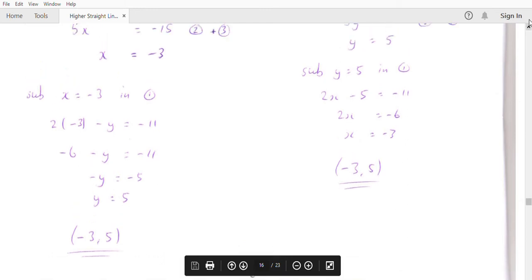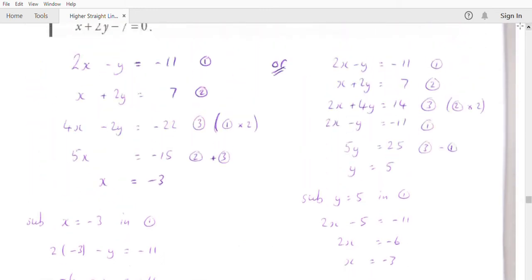Now if we chose to double equation 2 instead, which we could do here, so x plus 2y equals 7 becomes 2x plus 4y equals 14, that would still work. So I've just rewritten equation 1 underneath equation 3 there. So here I need to eliminate the x terms, so I've got 2x and 2x in both equations.